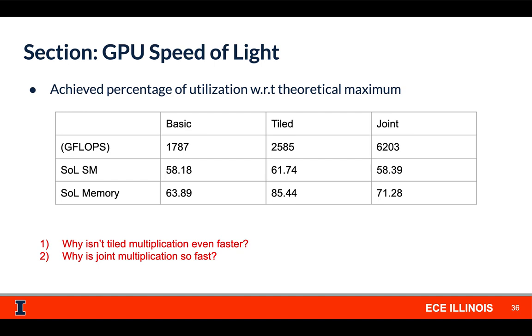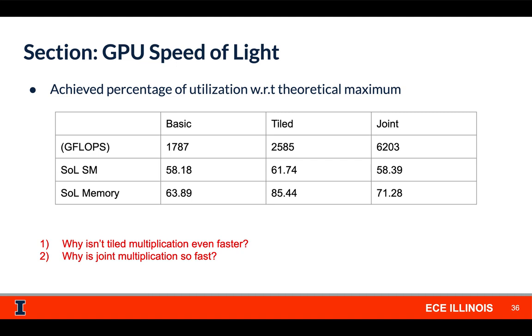We can see that the use of the SM capability is roughly the same for all three of these. And between the basic and tiled matrix multiplication, the memory subsystem is used to much greater effect in the tiled matrix multiplication. That is consistent with what we've been taught, right? We switch from the global memory to the shared memory so that we can get better bandwidth.